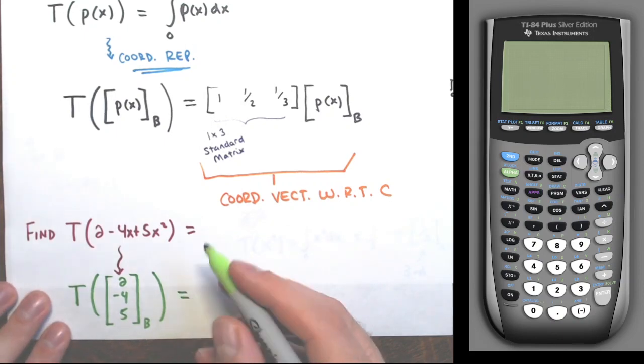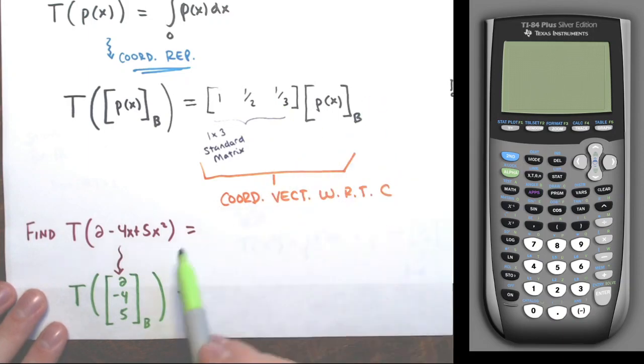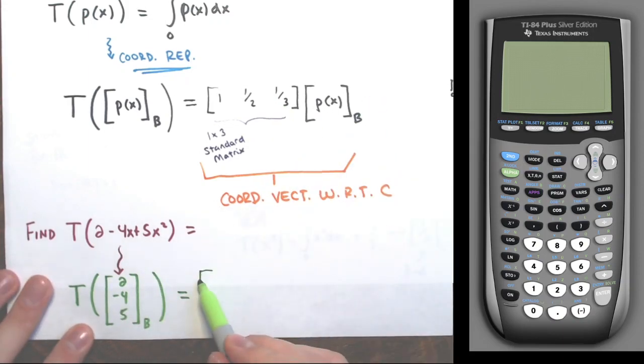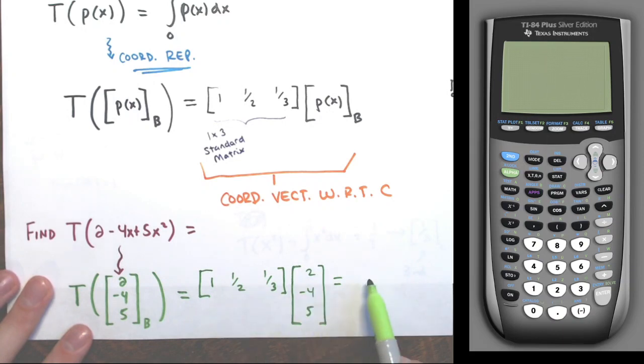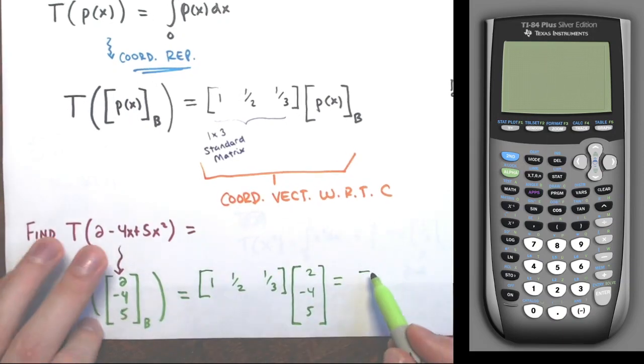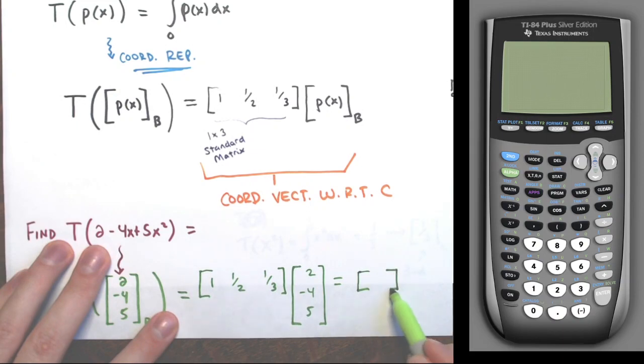Now, according to what I've written here, this should be equivalent to our standard matrix, 1, 1/2, 1/3, multiplied by this input vector with 2, negative 4, and 5 as components. And what are we getting? Well, we have a 1 by 3 times a 3 by 1. This is a 1 by 1, a single number, and this will be with respect to C then.